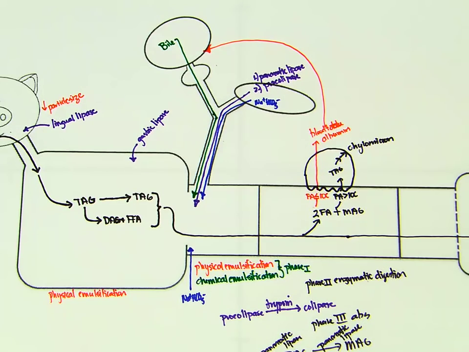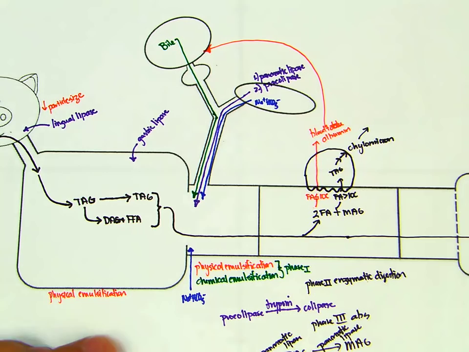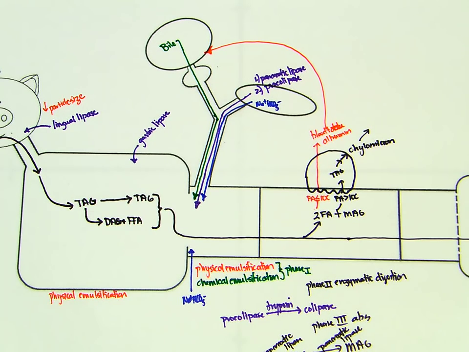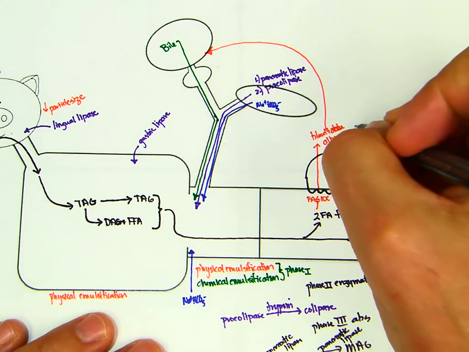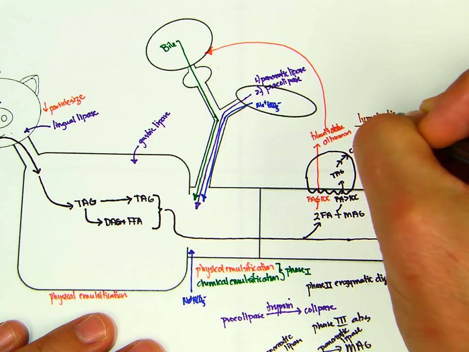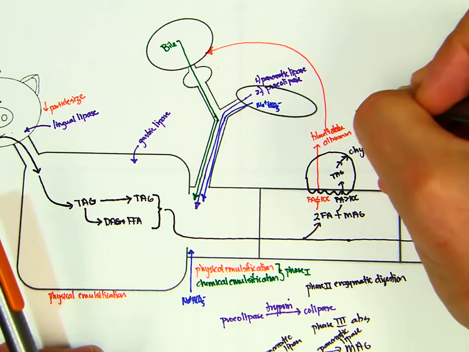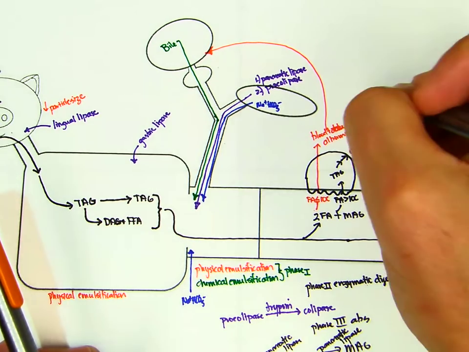Okay, and then the chylomicron is going to go from the enterocyte to the lymphatic. Then it's going to go from the lymphatic to the blood.